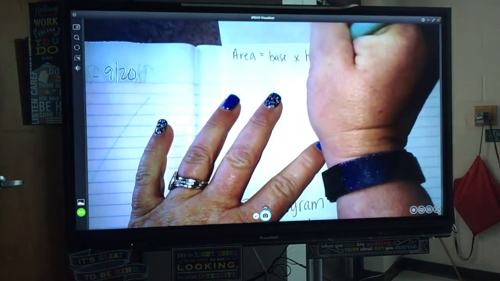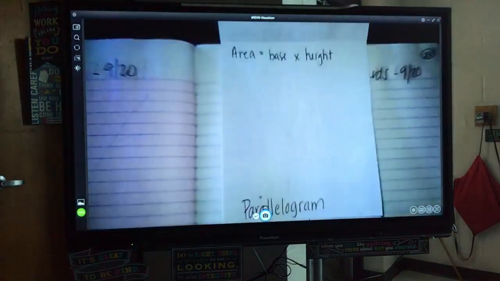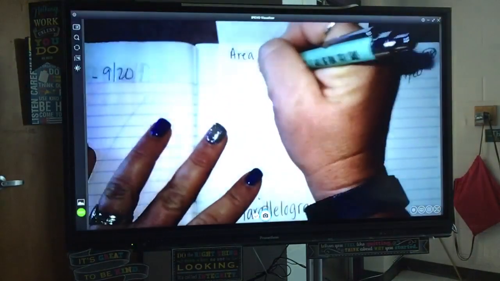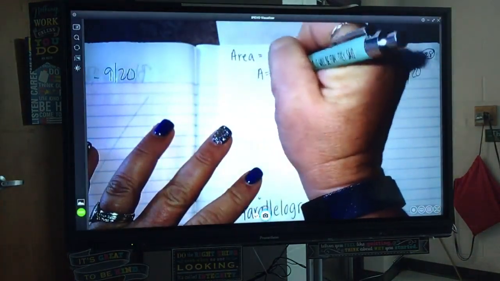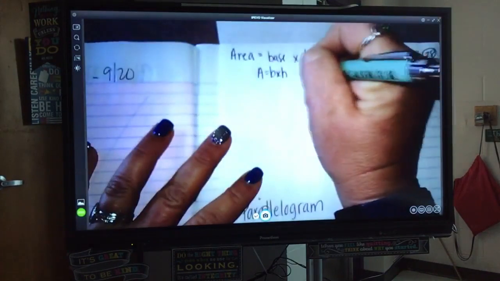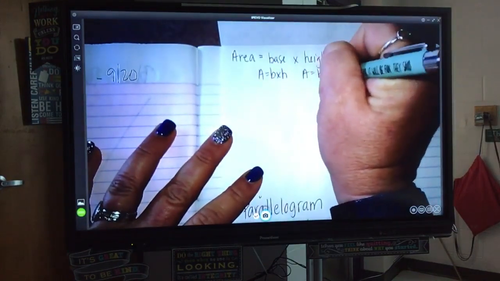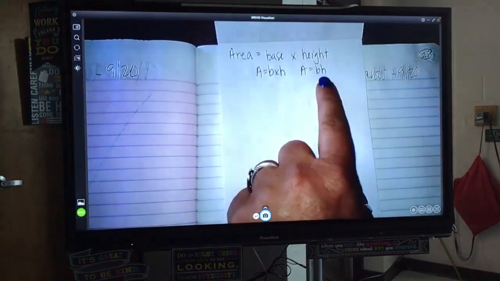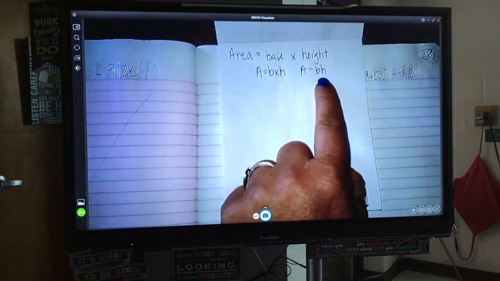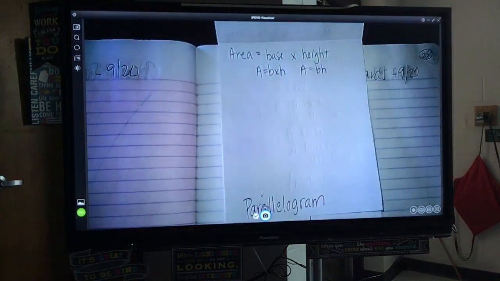You have to use the base, and you have to use the height. That's very important. So your formula will look like A equals B times H, or A equals BH. Everybody understands what this means, correct? Raise your hand if you do not.